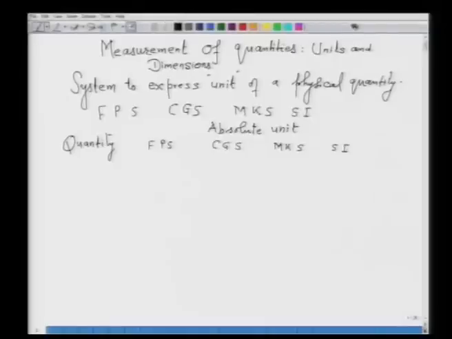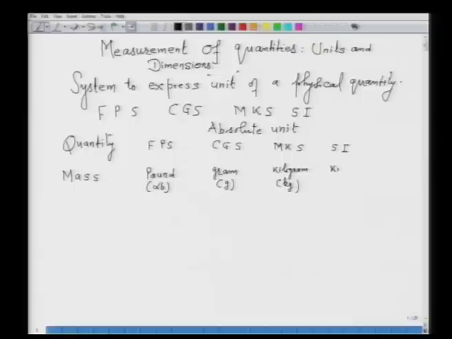These fundamental units can be used to derive the units of other physical quantities. For example, one is the mass. In FPS system it is expressed in pound, and you must have seen in various books it is written as lb. In CGS system it is expressed as gram, and in short it is written as g. In MKS system mass is expressed in kilograms, and the short form is kg.